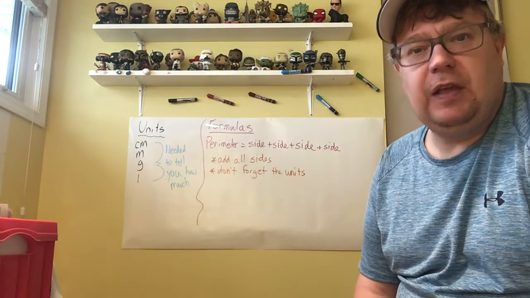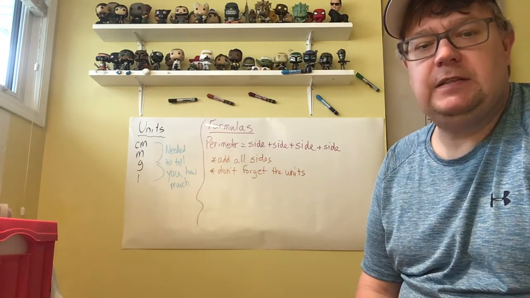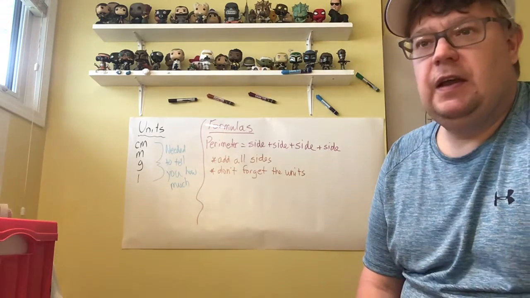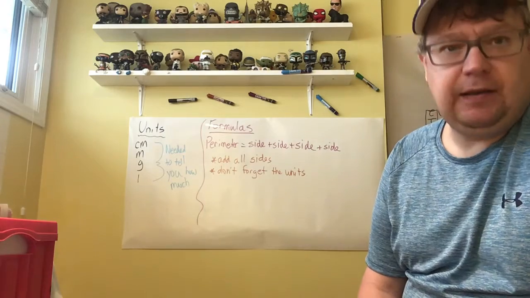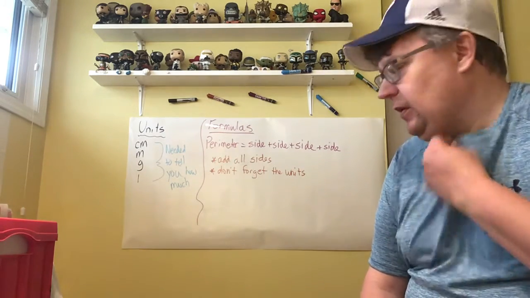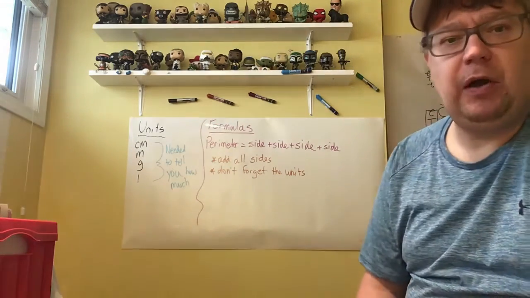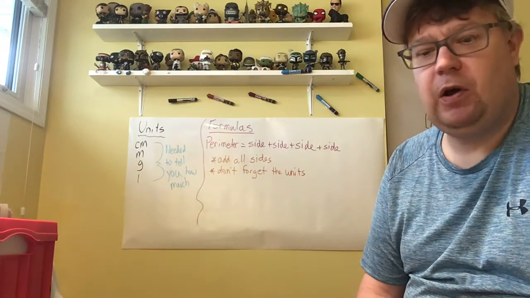So perimeter is basically, think of a fence, okay? If you need to go build a fence and you need to go buy the materials, you are finding perimeter of the backyard, okay? Or think of perimeter as baseboards, the little things that go at the bottom of your wall between the flooring and the wall.